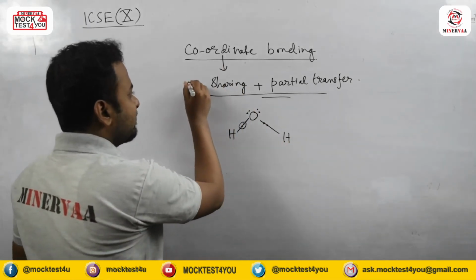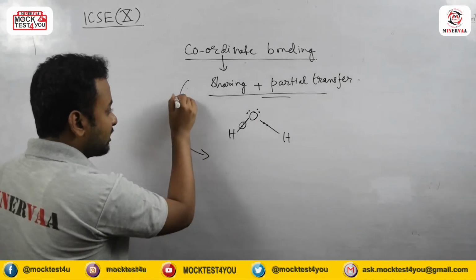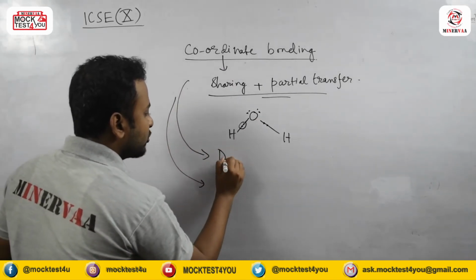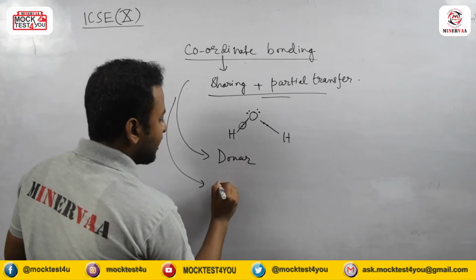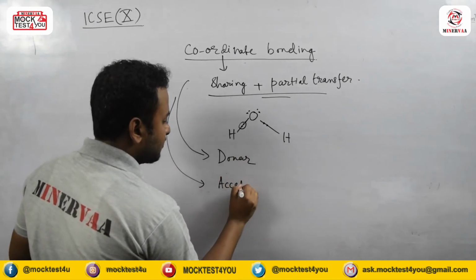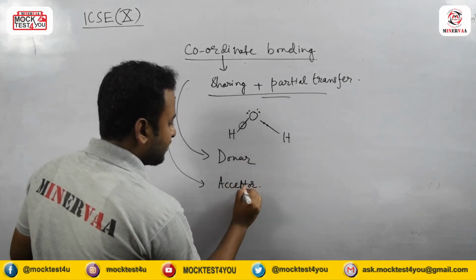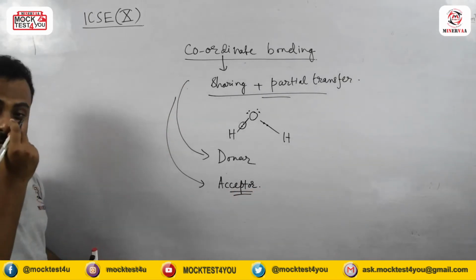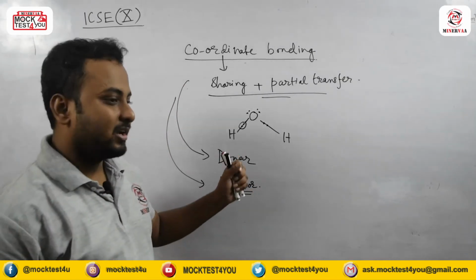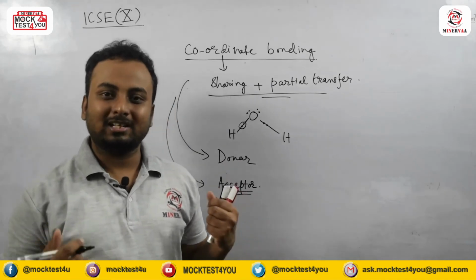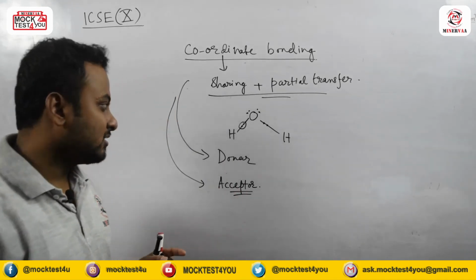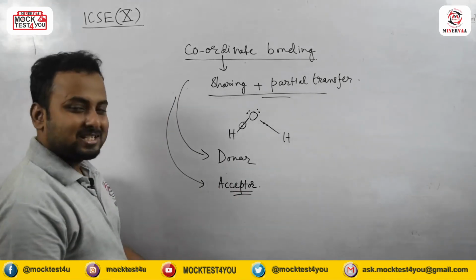So in coordinate bonding, two species are needed. One is donor and one is acceptor. Okay. So a question can come to your mind that in ionic bond also we have seen donor and acceptor. The metal is donating electrons and the non-metal is accepting electrons.